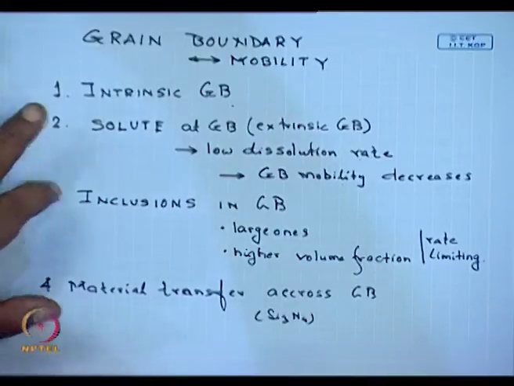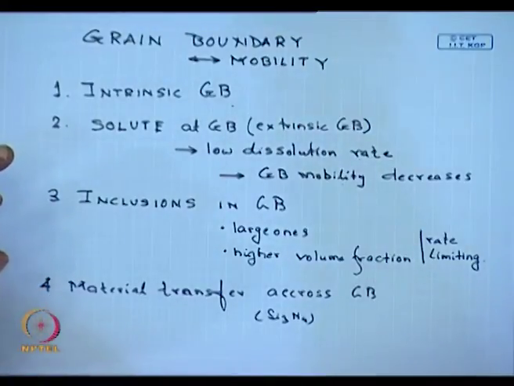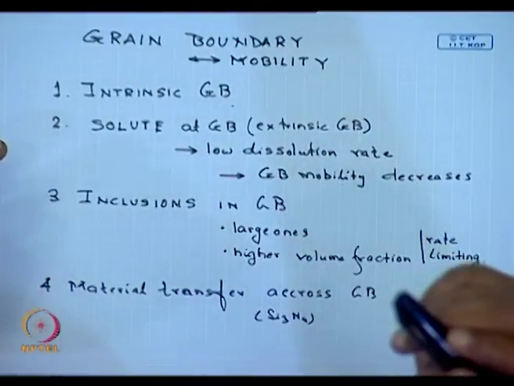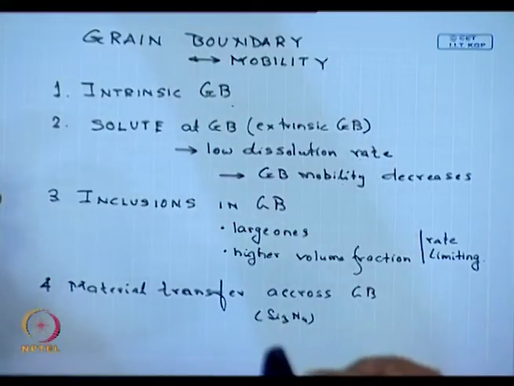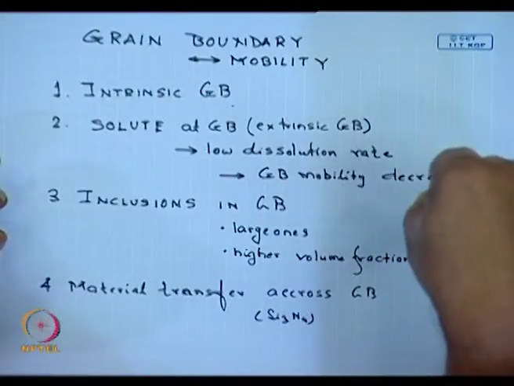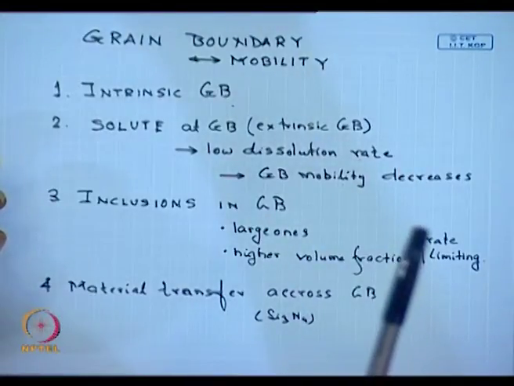The third one I have written is again a variation of the same statement, except that I have an inclusion which does not dissolve, it just stays there. And what would happen? If the inclusions are large ones and they are in large volume fractions, they would limit the grain growth.